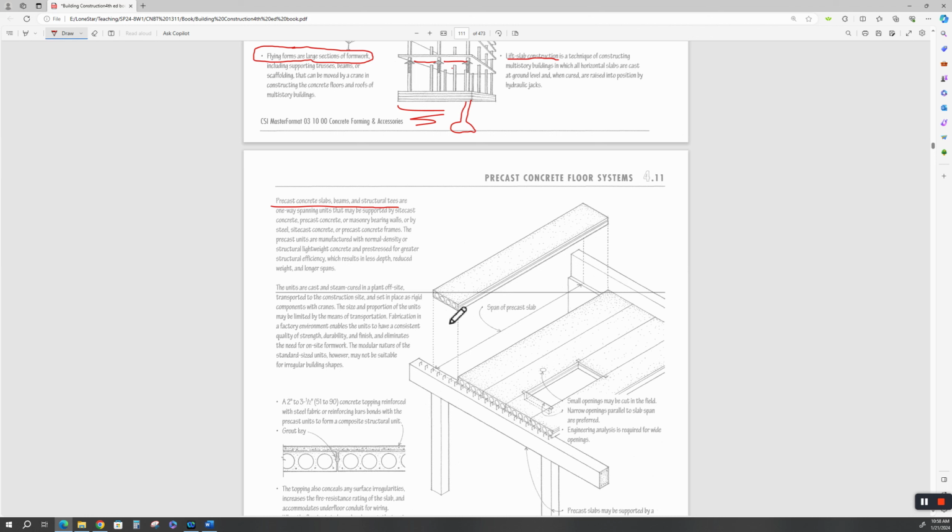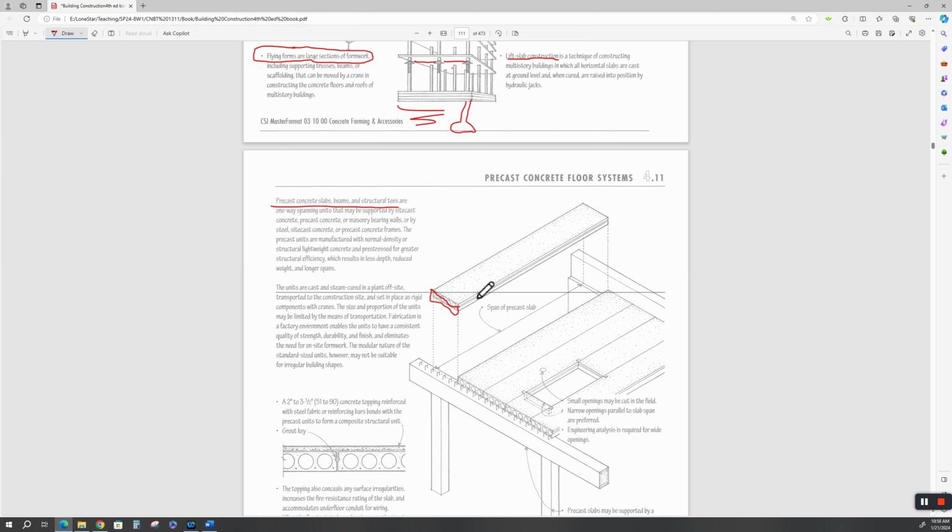Your pre-stressing strands are in here. They cast hundreds of feet of these and they go and cut them at the length when the concrete's still semi-soft with concrete saws, and then lift them out. And they got tongue and grooves on the side, but these are precast and they're pre-stressed.